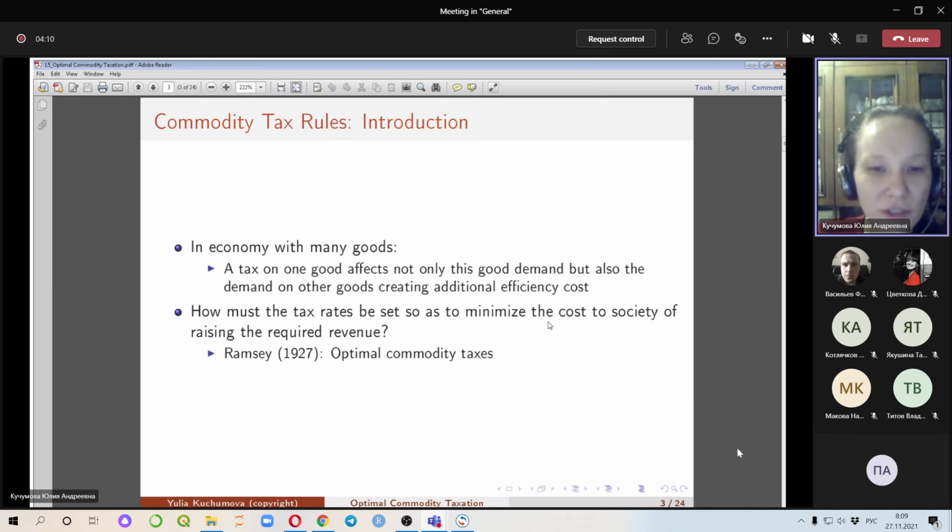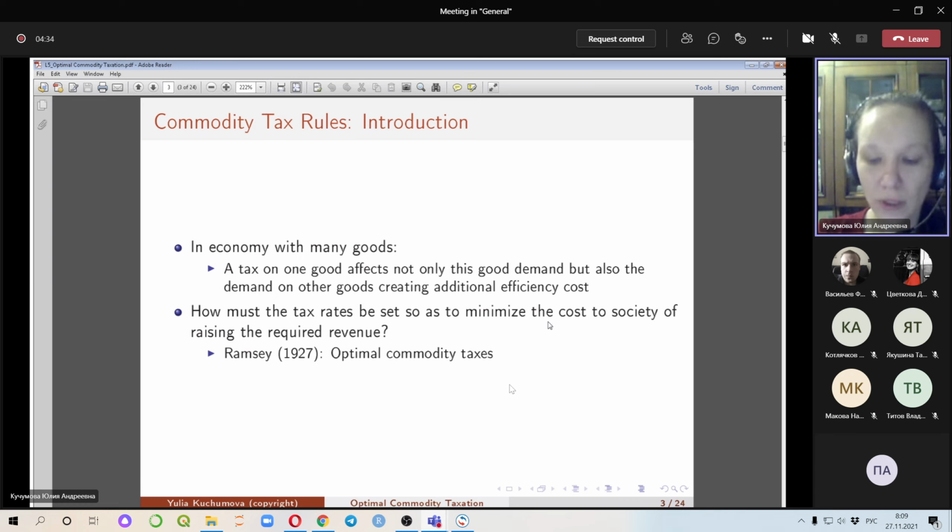The model that answers this question was proposed a long time ago. It's the Ramsey model, from 1927, but it's still a very valid approach.